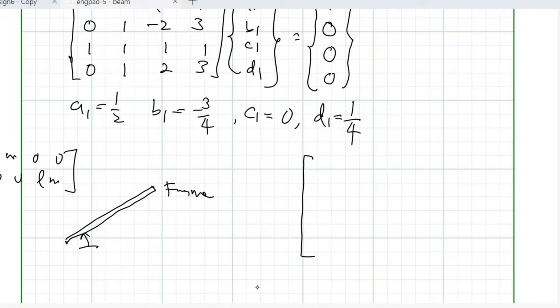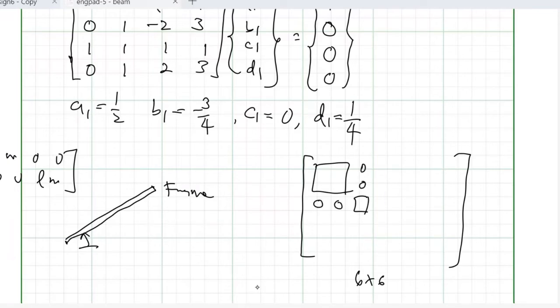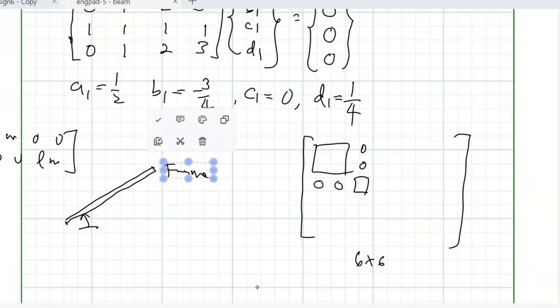So what we have here should be a 6 by 6 matrix. So 2 is for the beam, 1 here is for the bar. For the frame, let me show you what I meant here.